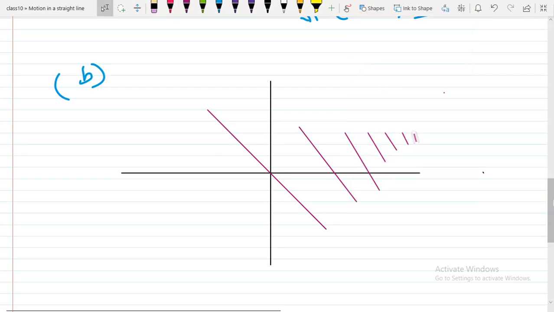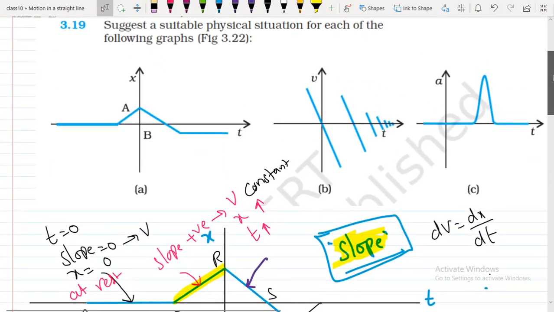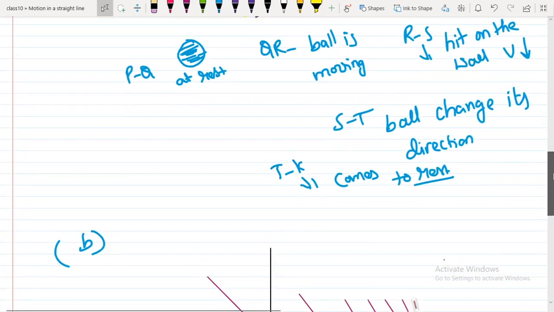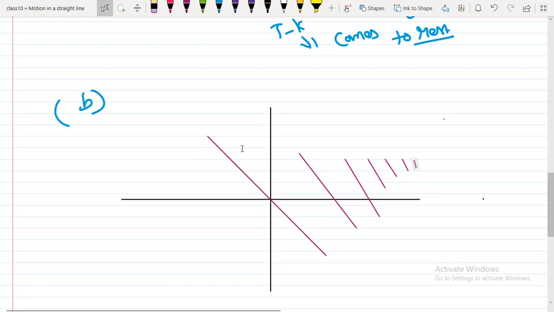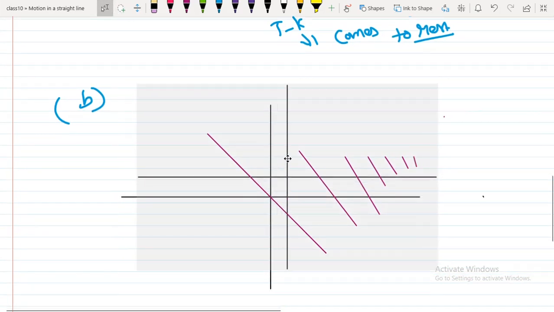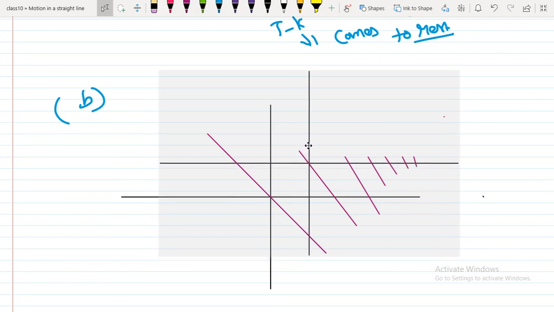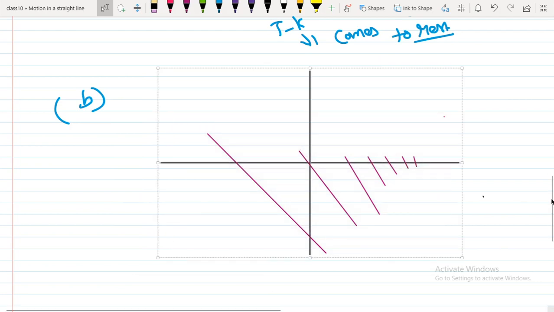So the graph is given on the time axis. So this is everything on the time axis. It means I need to move the time axis on there. Yeah, let me take out this.